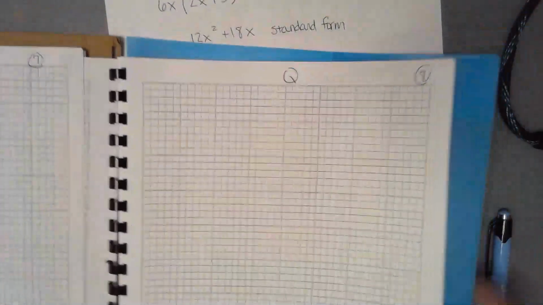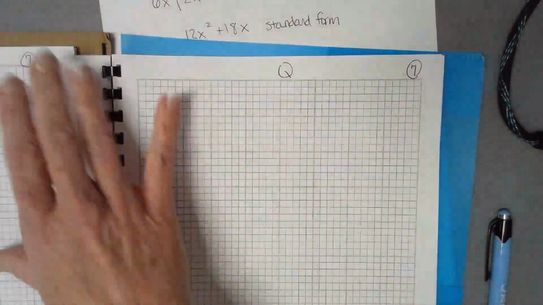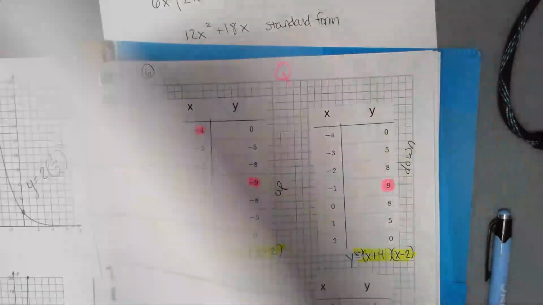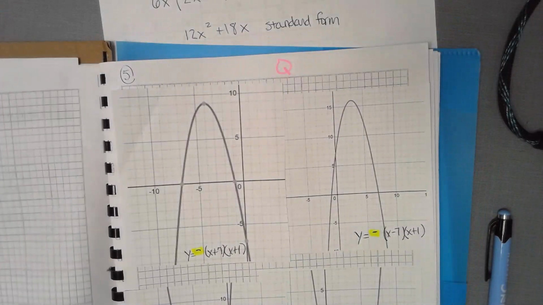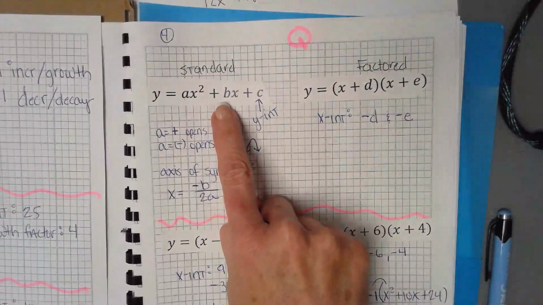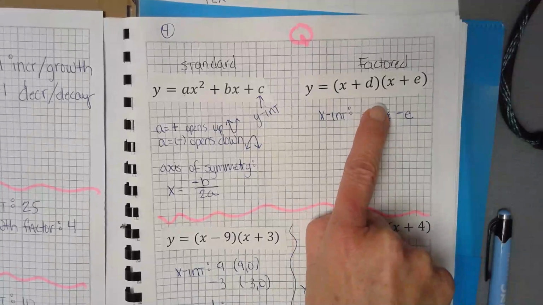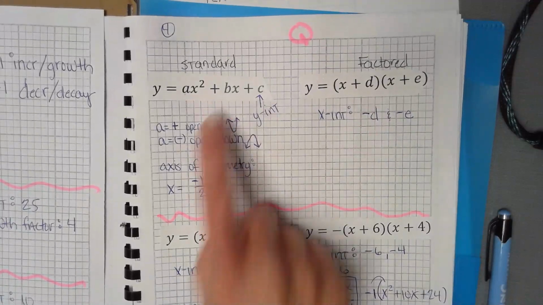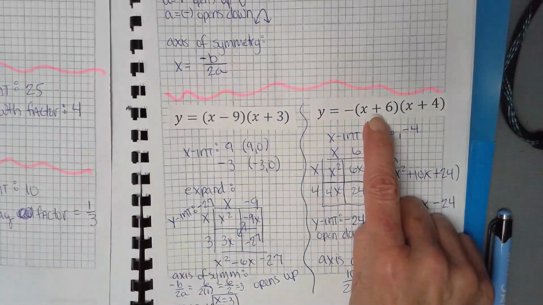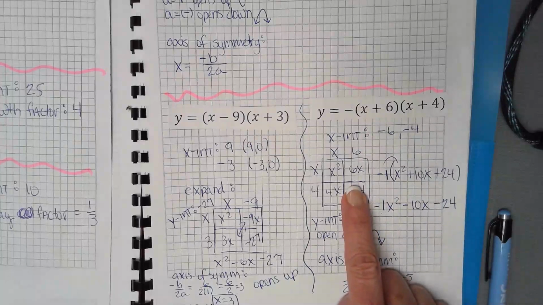Well, y'all, where we're headed is quadratic. If you look with quadratic, we've been dealing with factored form and standard form. You guys know how to go from factored form to standard form.